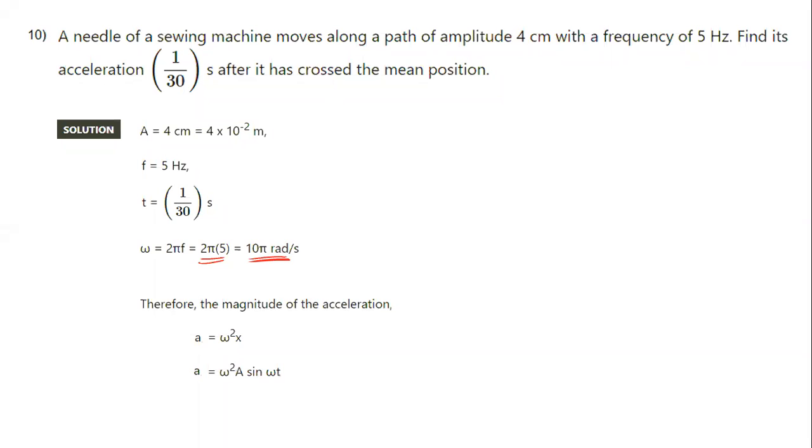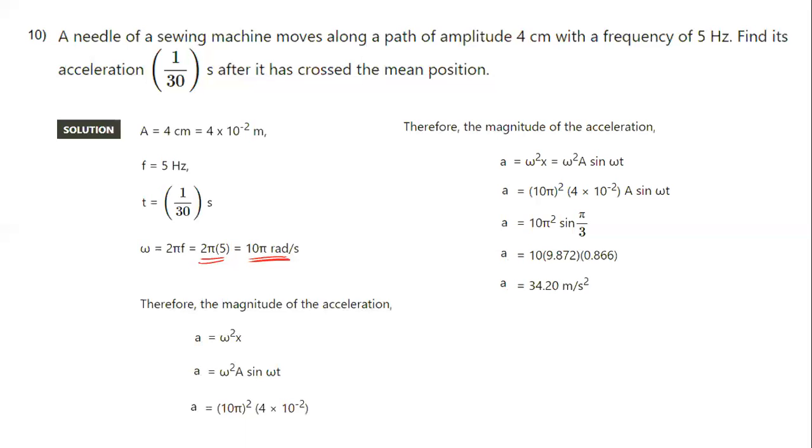So we substitute x is a sine omega t. Then we substitute omega, then amplitude, and sine omega t. Then after solving this, we get 10 pi square sine pi by 3.